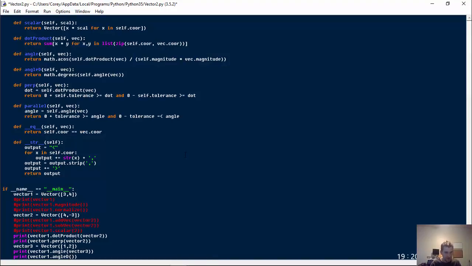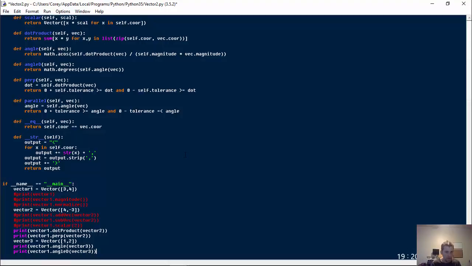It's not supposed to be just vec. Vector 3. Okay. In fact, let's make this guy parallel. Make them parallel, but make them the exact same vector. So these both should return 0, and then we'll print vector 1 dot parallel vector 3. Okay.